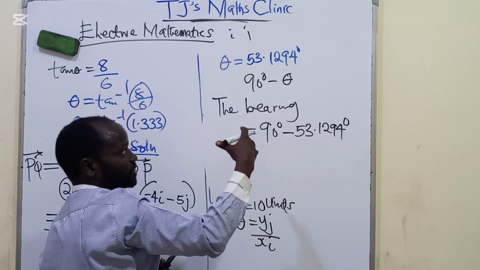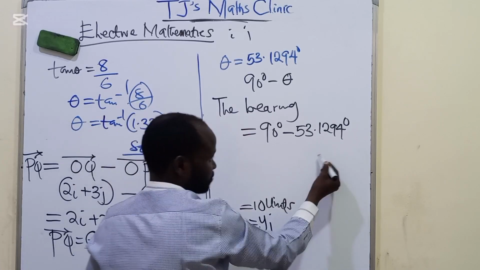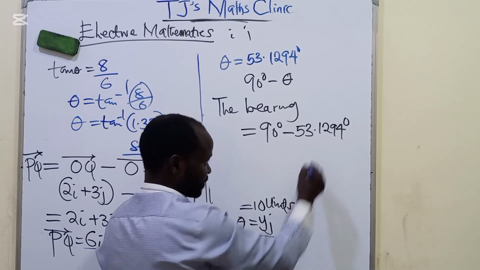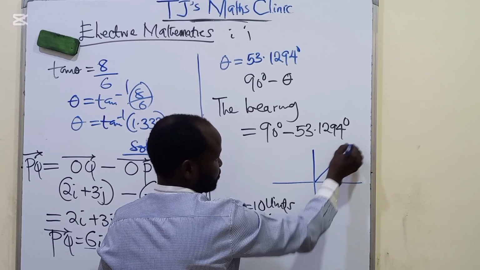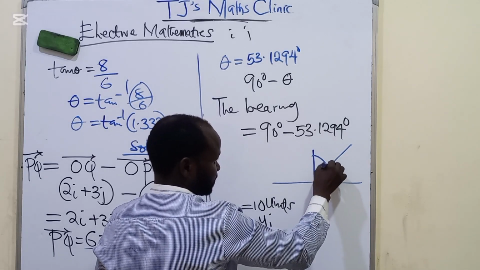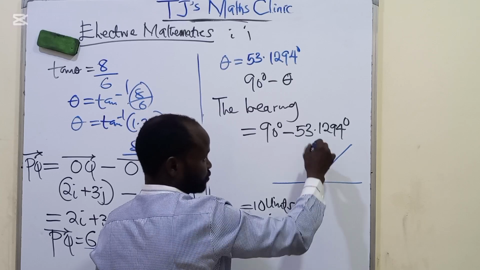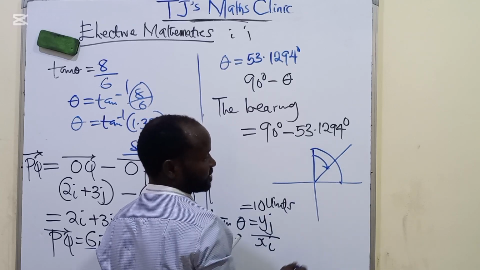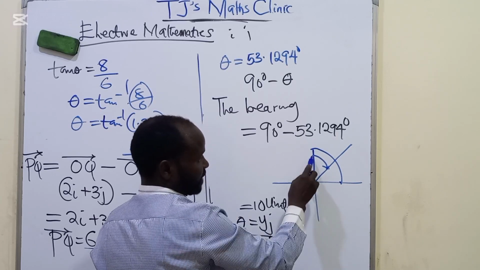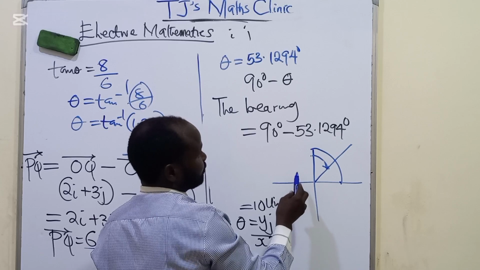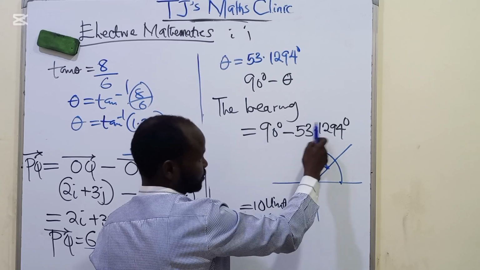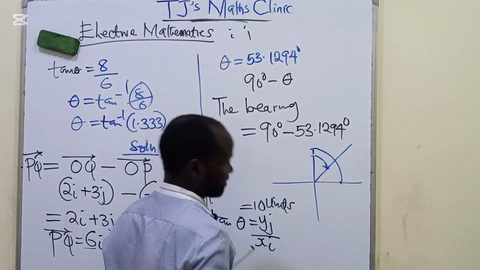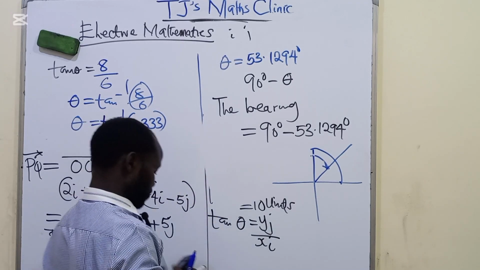To find the direction, we start from the north. Let me draw the first quadrant. We have something like this, and 53 will be something like this. This is now 53, okay? And the whole of this angle here is 90. So to find this angle here, to find the bearing, it will be 90 degrees, the whole of this angle, minus 53. Very important, okay?